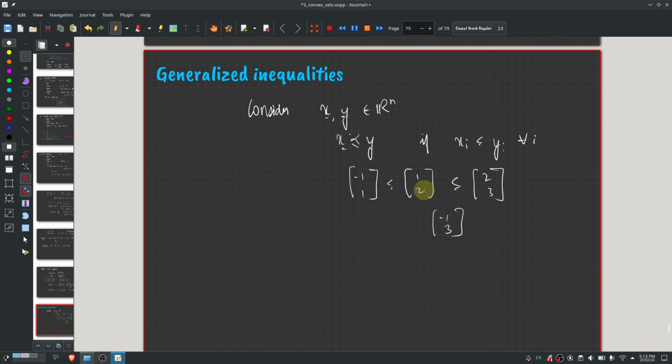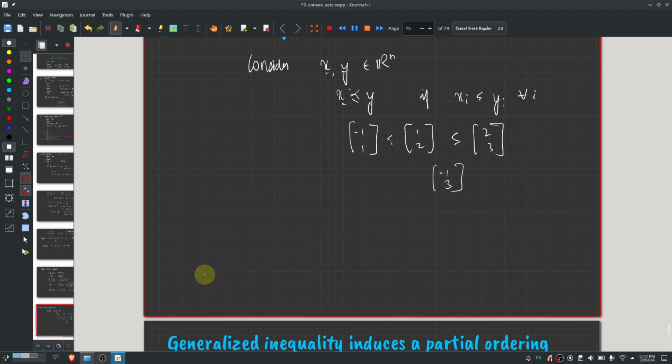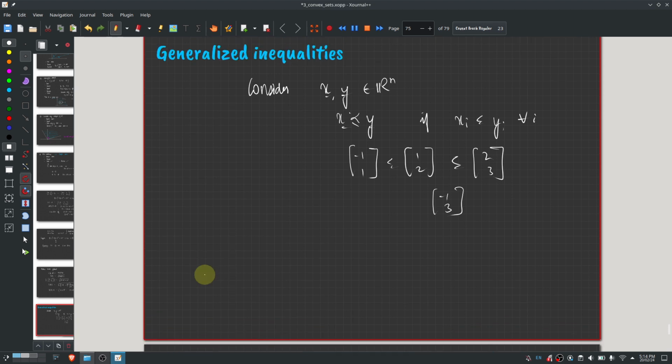Okay, and why would this sort of comparison make sense? For example, suppose you have an optimization problem where you want to optimize over multiple parameters, not just one.